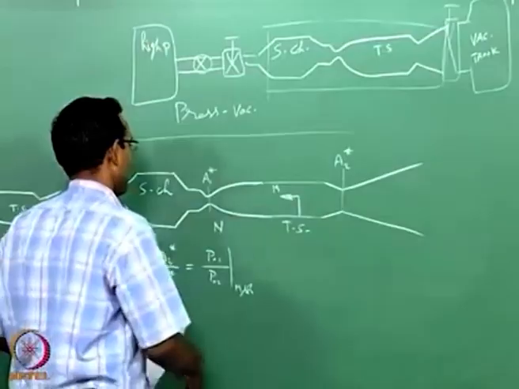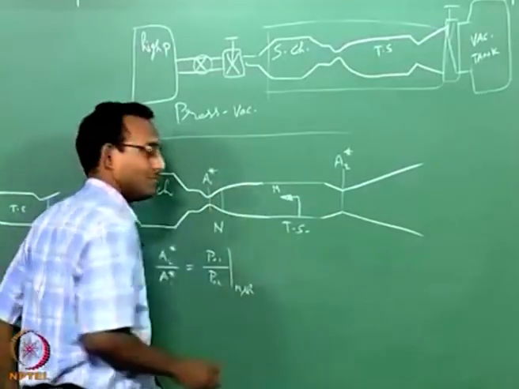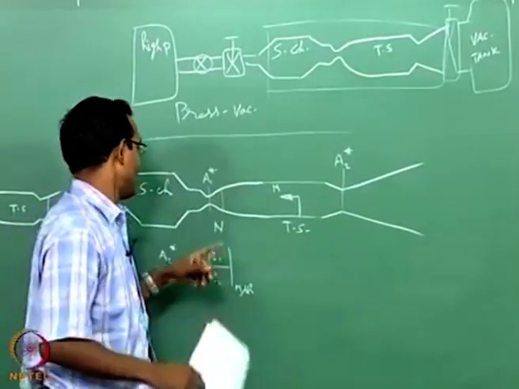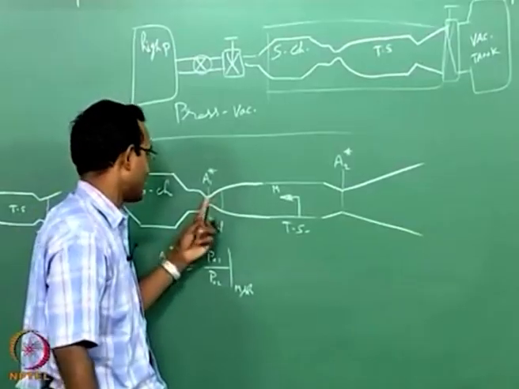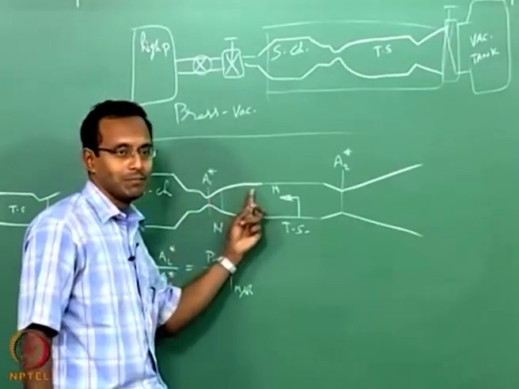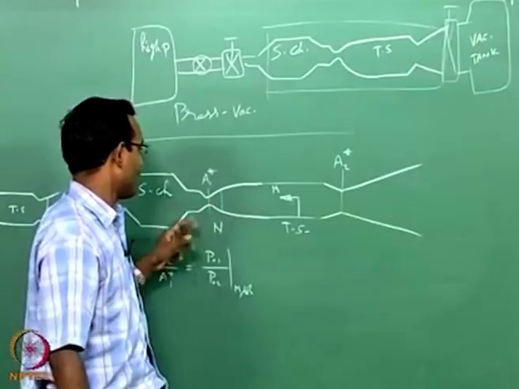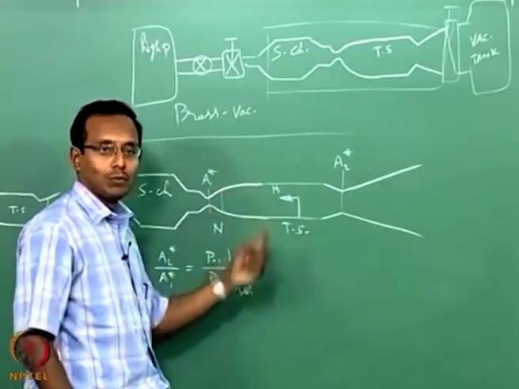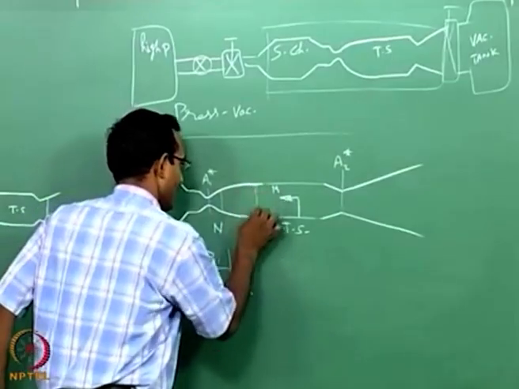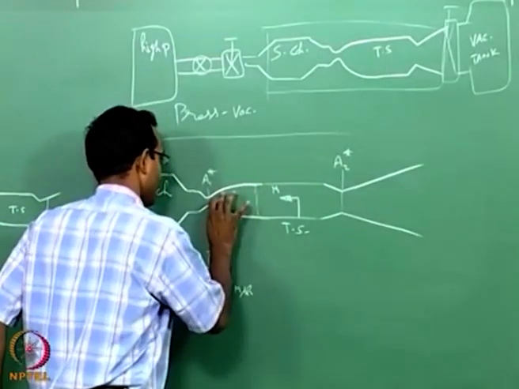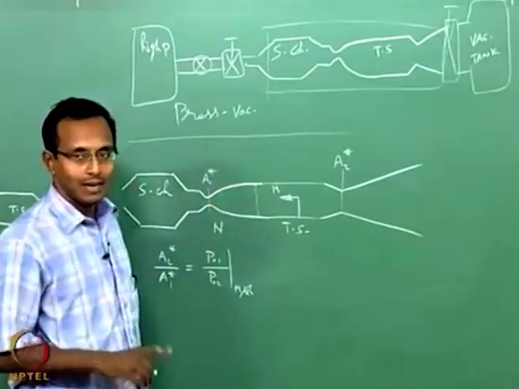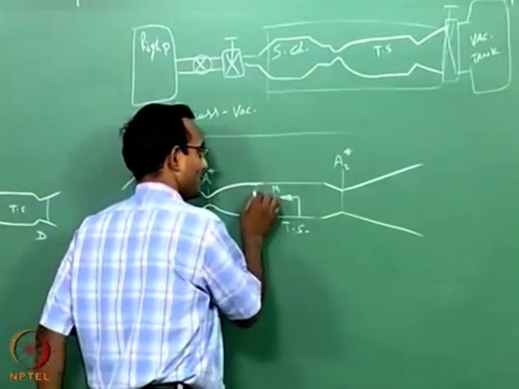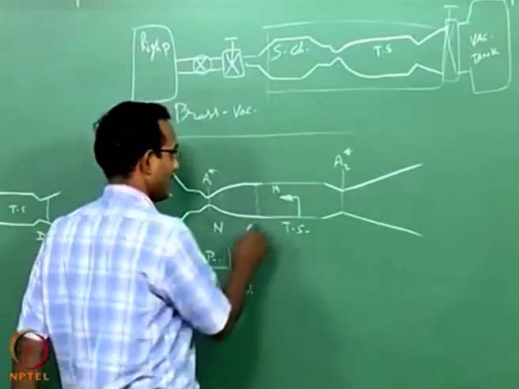After some time there will be a shock that forms, which people call the starting shock. It forms somewhere, as in it starts from the throat and keeps moving downstream as I increase my P naught. If I keep doing this, this shock keeps on moving more and more downstream. You go to this point next, and this will be gone, and eventually it will go past your test section, and then it will go sit here.